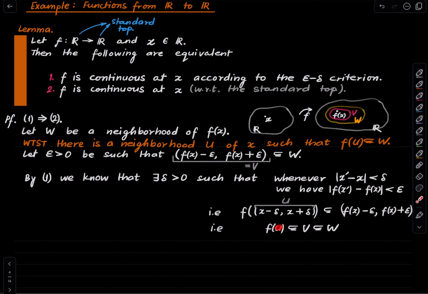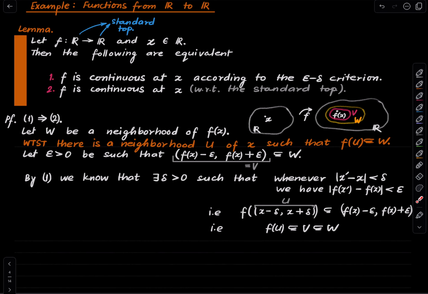But U is an open interval and hence also open in the standard topology. Every open interval is open in the standard topology because the sets in the standard topology are precisely those sets which can be written as the union of open intervals. And of course, an open interval can be written as the union of open intervals. Just take that interval itself.